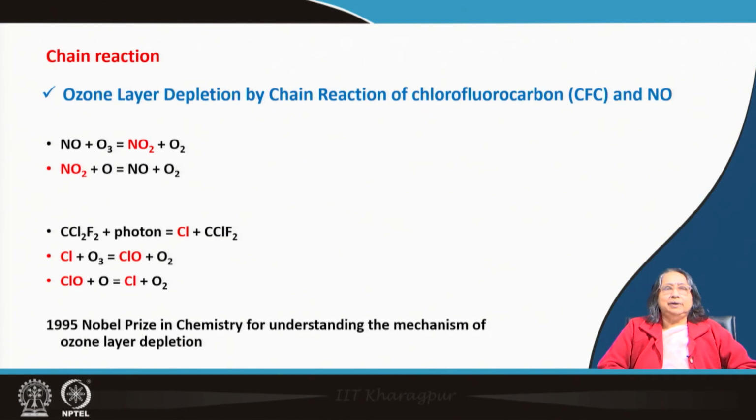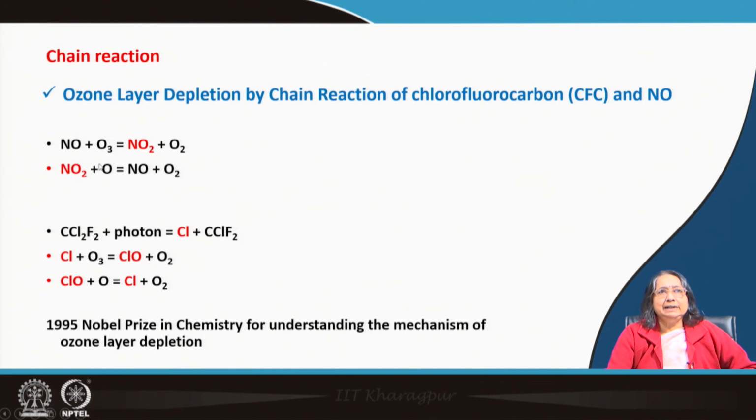Due to some man-made activities, this ozone layer is getting depleted. How is it going on? These are nitrogen oxides, NO, nitric oxide, coming from supersonic jets, and then reacting with ozone to form some intermediates. Here it is not a free radical, but some intermediate, and that intermediate again combines with oxygen to form NO and O2.